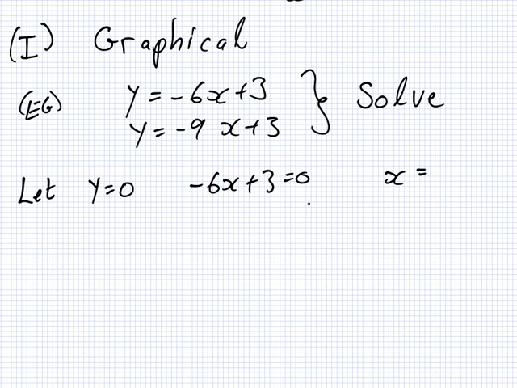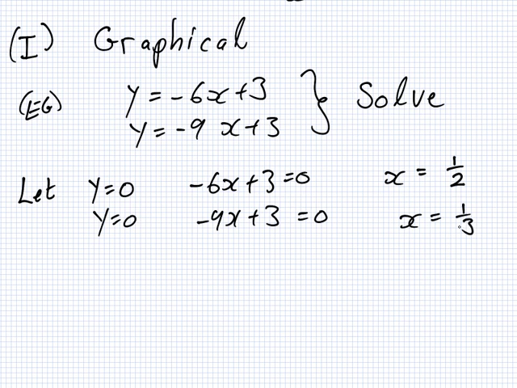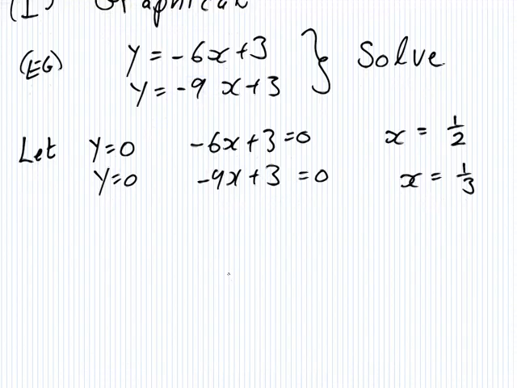So, a half, isn't it? Minus 3 over minus 6. So a half. And in the other case, I get minus 9x plus 3 equals 0. So that means x equals a third. 1/3, yeah. Okay, so let's try and draw this now.